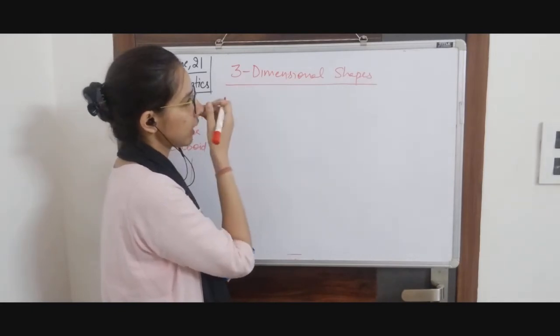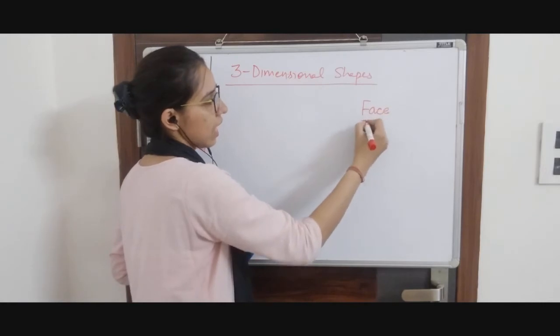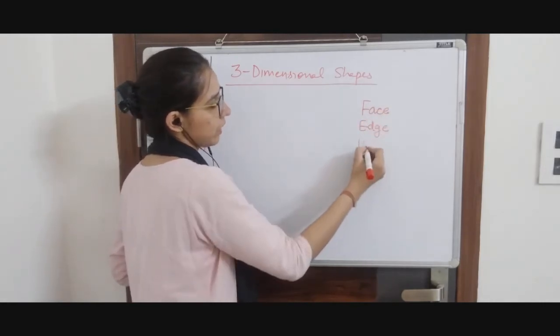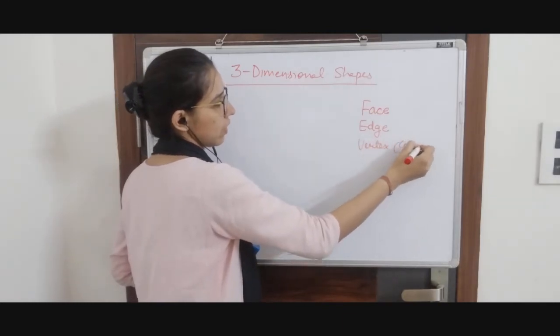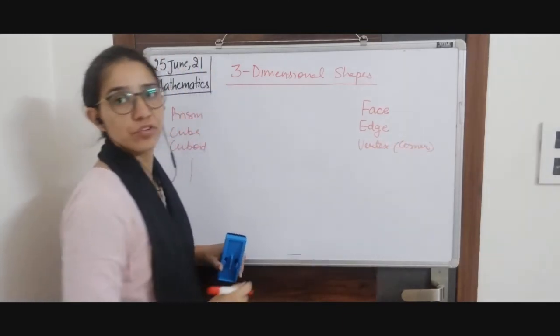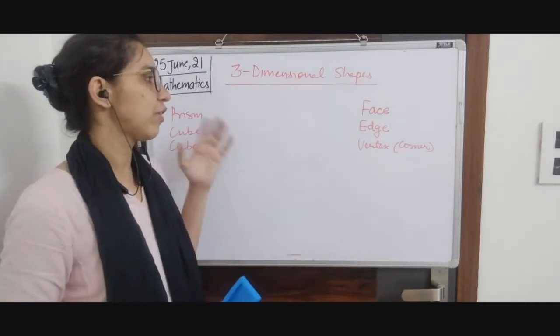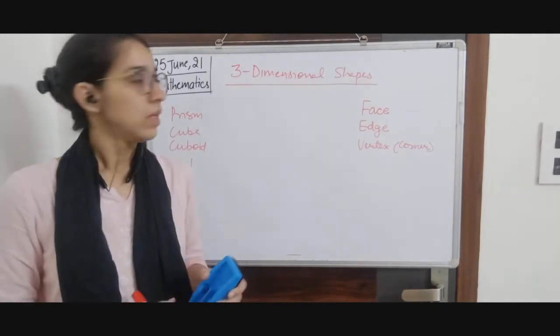So, what are these terms? It is face, then edge, then vertex, or you can say corner. As in two-dimensional shape, we had sides and vertices, in it we have face, edges and vertex or vertices.